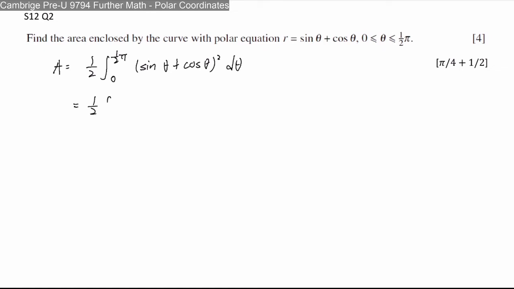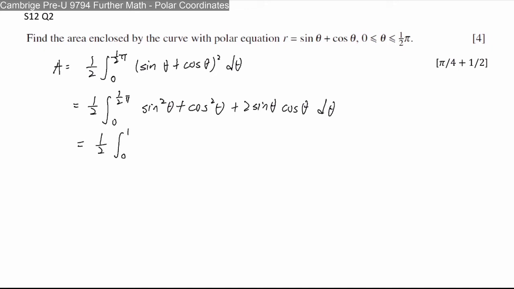Let me explain this one. We will actually have sine squared theta plus cos squared theta plus 2 sine theta cos theta d theta. When we expand, it is a good expression, because sine squared theta plus cos squared theta is 1, and 2 sine theta cos theta is sine 2 theta.